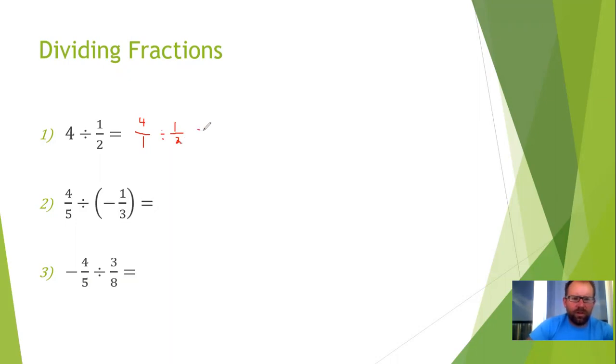We're going to keep it as 4 over 1. Then we're going to change the division sign to a multiplication sign. And we're going to flip the 1/2 to 2 over 1.